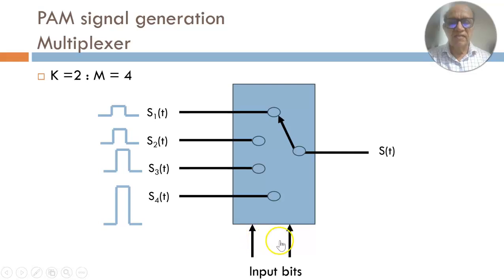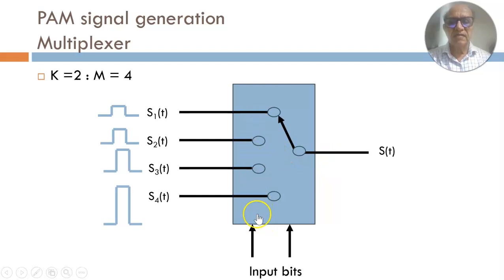When this is 0 0, then s1(t) is connected to the output. Understand that this is a multiplexer circuit, and based on the value of the input bits, either s1(t) goes to the output, or s2(t), or s3(t), or s4(t). So if it is 0 0, then s(t) is equal to s1(t). If it is 0 1, then s(t) will be equal to s2(t), and so on.